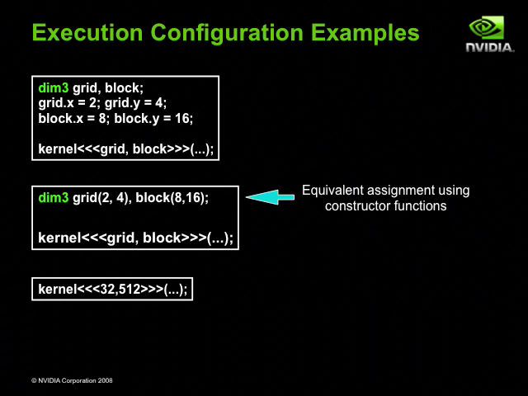The second code segment performs the same assignment to the grid and block variables in a more succinct manner. In the first line, constructor functions for the built-in vector types are invoked, assigning the arguments to their respective fields. The kernel launch is the same as in the previous case. Finally, for one-dimensional grids and thread blocks, integers can be used as execution parameter arguments.